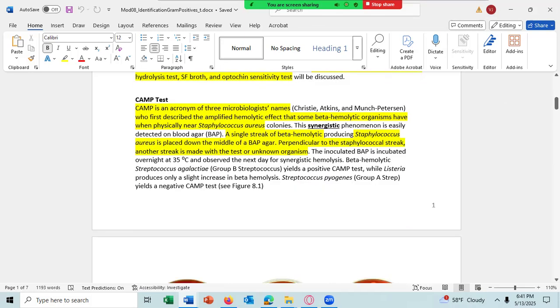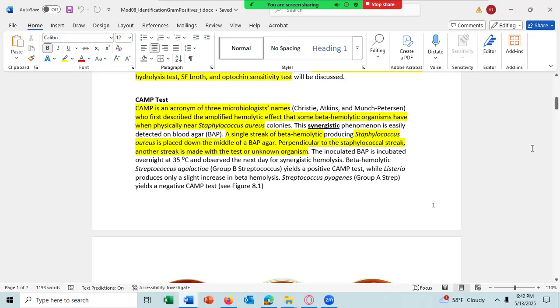The CAMP test is an acronym of the names of the three microbiologists who discovered this test: C for Christie, A for Atkins, and MP for Munch-Petersen. They described the amplified hemolytic effect that some beta hemolytic organisms have when they're grown near Staphylococcus aureus colonies.